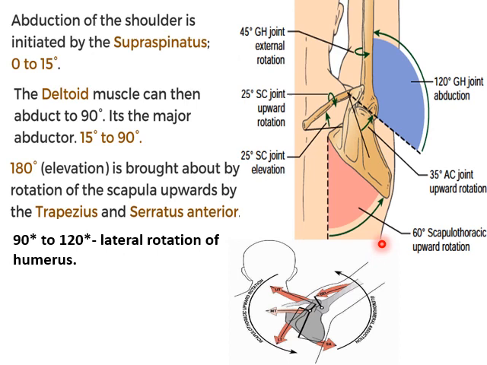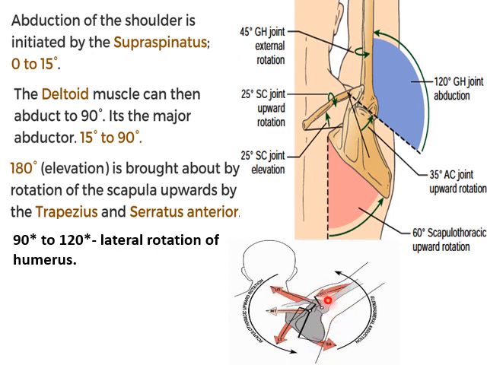So this is again the same abduction, again 0 to 15 degrees. It is initiated by the supraspinatus, which is taken over by deltoid till about 90 degrees, and the major abductor is between 15 to 90 degrees, and the overhead elevation, that is to 180 degrees, is brought about by the rotation of scapula contributed by upper and lower fibers of trapezius and the lower 5 digitations of serratus anterior.